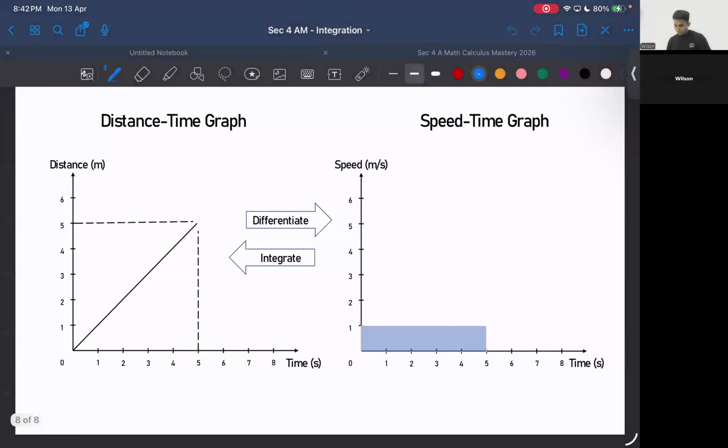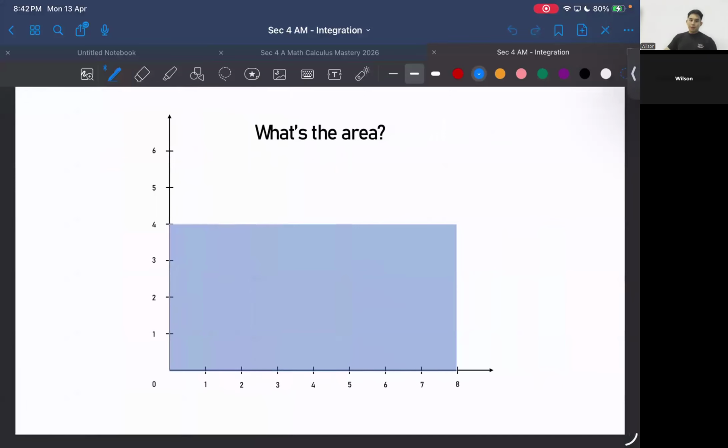Oh, okay. Easy stuff. Now, you'll just enjoy the lesson. I'll just let y'all know what is integration all about.